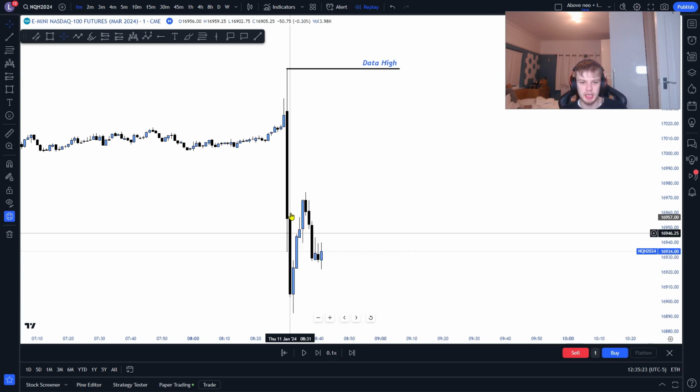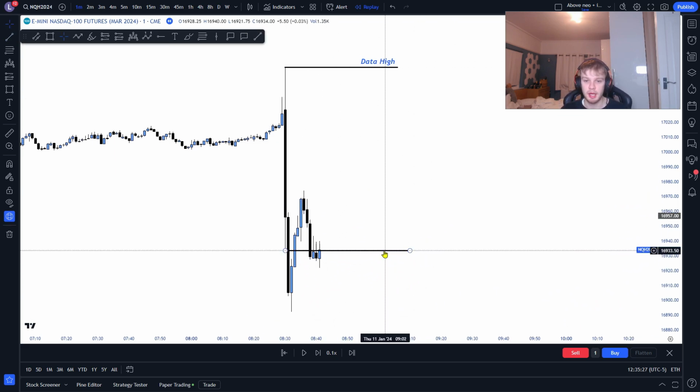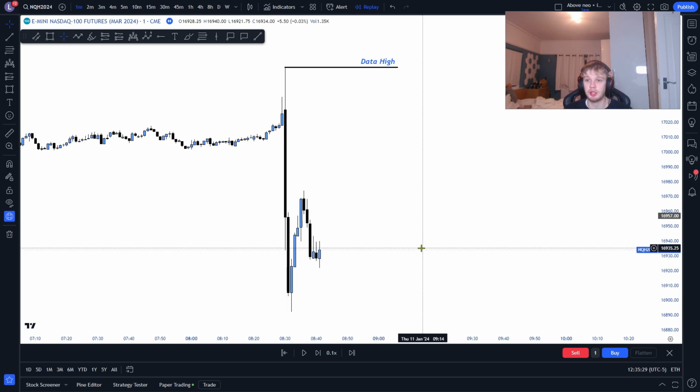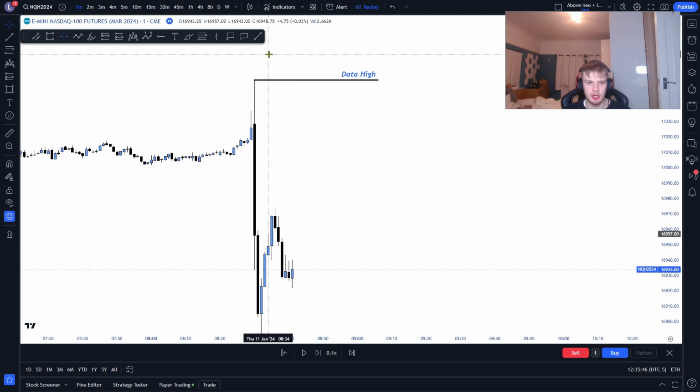As you can see, our 8:30 candle was the candle that had the data. If you don't know what a data high and data low is, it's pretty self-explanatory. All it is is the time that the data came out. CPI came out at 8:30 today, so we look for 8:30, find it there, and we have this 8:30 high candle.